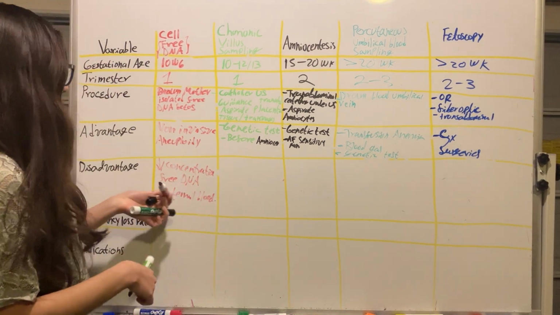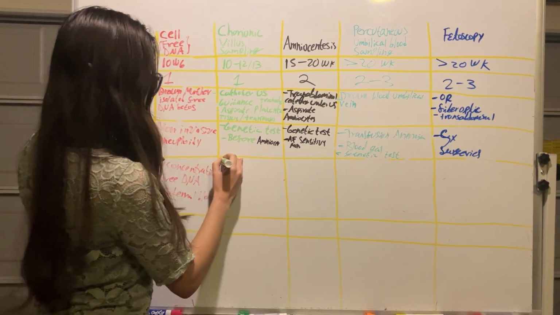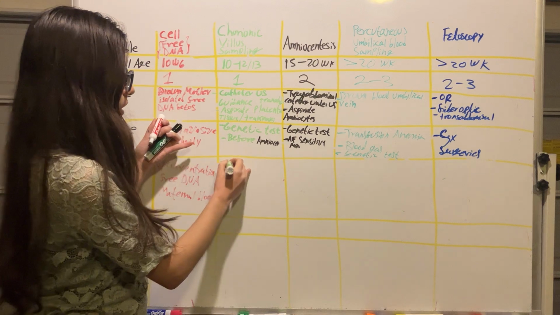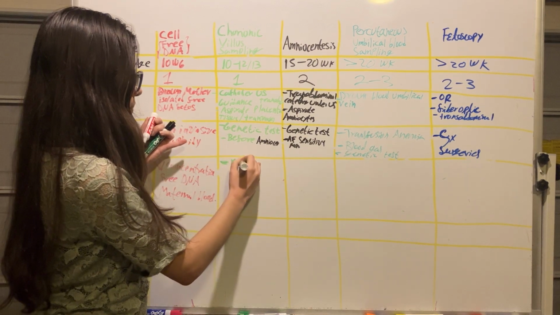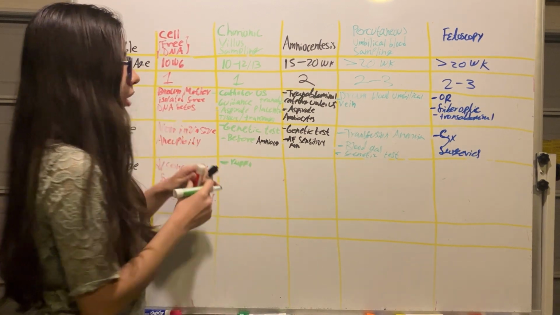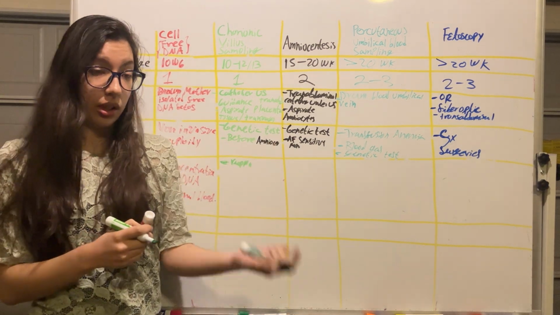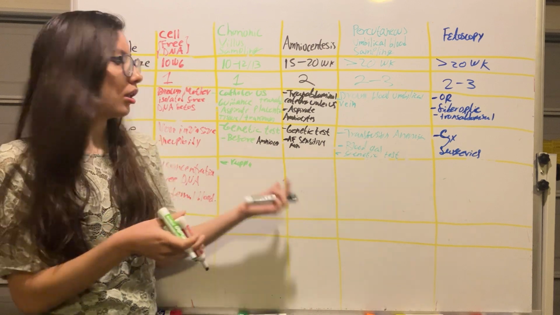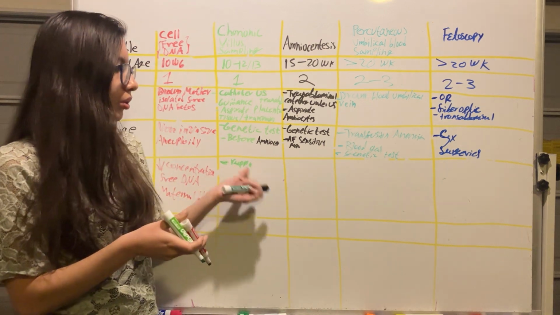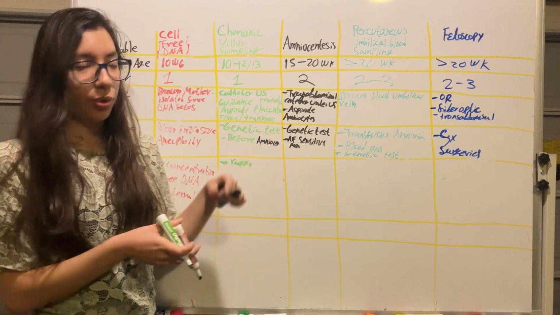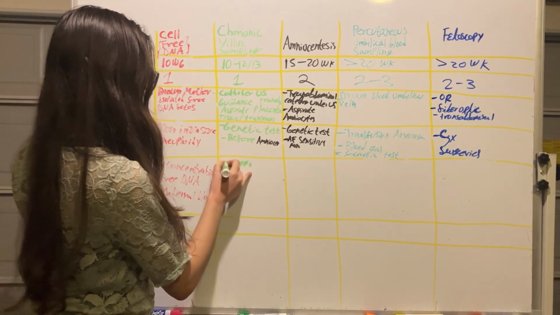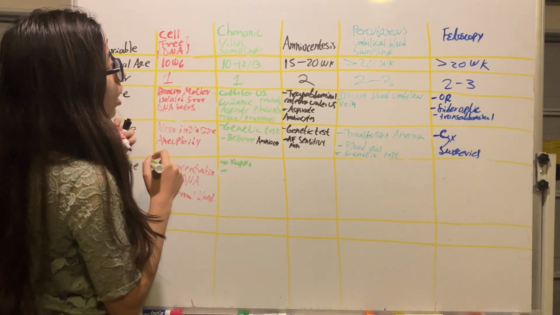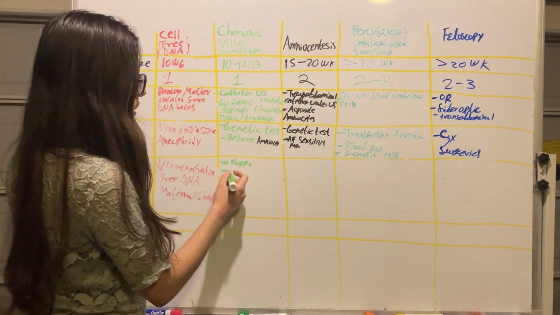Chorionic villus sampling disadvantage is that we can have rupture of membranes. Each time we insert a catheter or a needle or whatever into the uterus, that can irritate the uterus and predispose to premature rupture of membranes. We could also have hemorrhage, which is low.